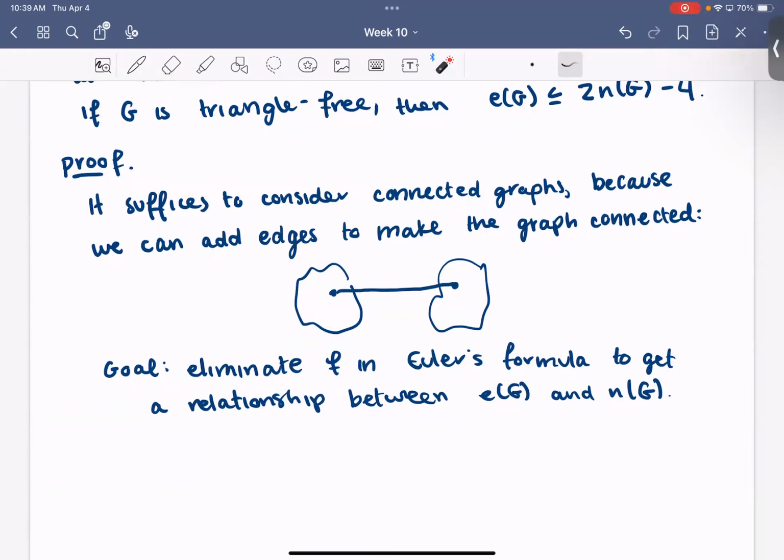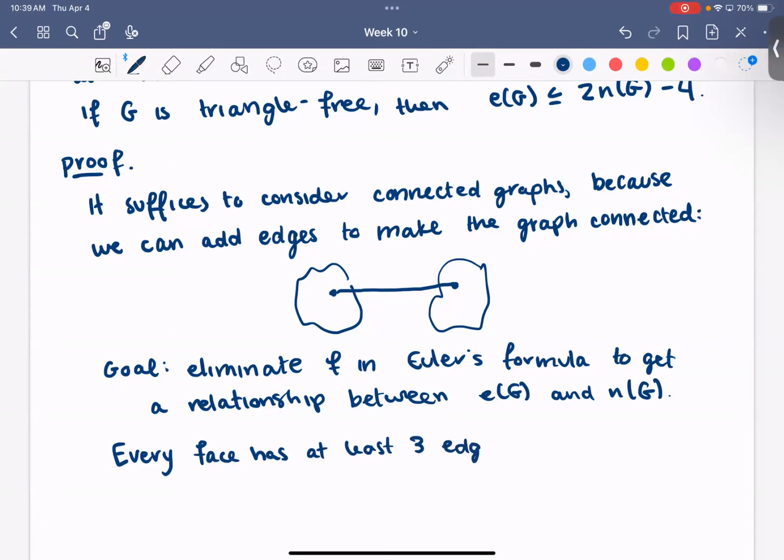For simple planar graphs, are we allowed to have two edges between two vertices? No, because for simple graphs, we've disallowed multiple edges. So then 3? Yeah, so every face has at least 3 edges in its boundary.